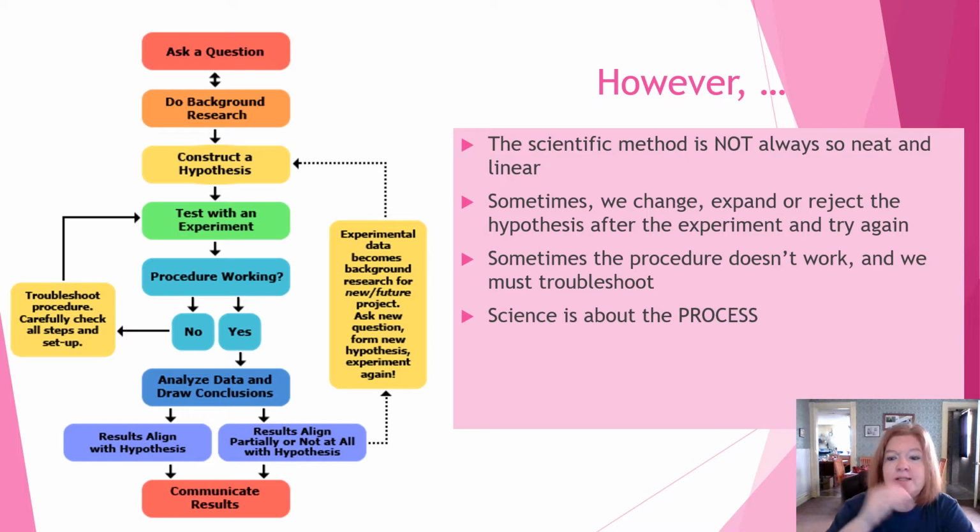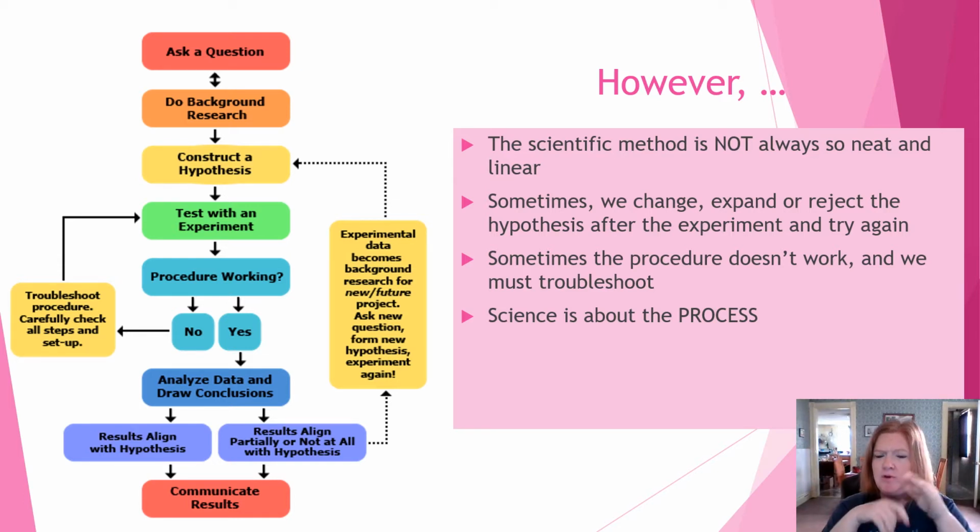Okay, so it's always going to start though with some observation or question, doing research, and then formulating a hypothesis. And then we're going to design and test, but in the middle of the experiment, you could ask, is the procedure working? If the procedure isn't working, troubleshoot and then go back and start testing. If the procedure is working, then okay, collect your data, analyze your conclusions.